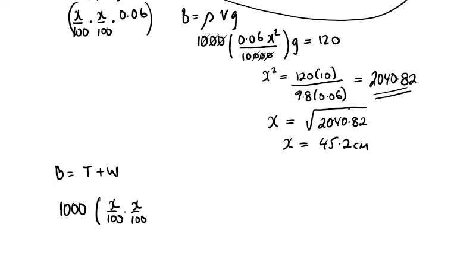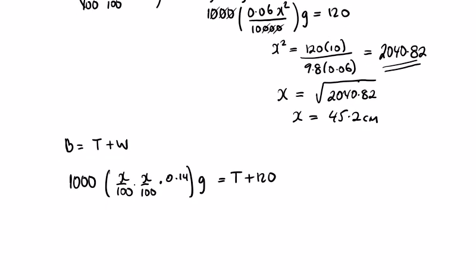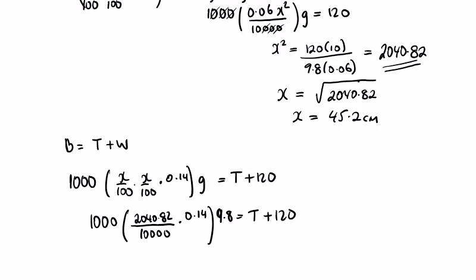So we can use that, and that's going to be by the 0.14 by G, and that's going to be equal to tension plus 120. So 1000 by 2040.82 over 10,000 by 0.14 by 9.8 is equal to tension plus 120.